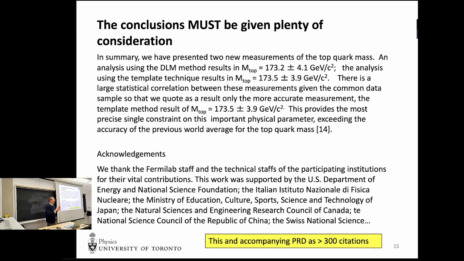So instead of attempting to understand what the correlation is and put the two measurements together into one, we simply took the most precise one as the measurement we're going to quote, and treated the second one as an auxiliary measurement that reinforces the idea that you've done the right thing. Okay, and this provides the most precise single constraint on this parameter, exceeding the accuracy of the previous world average. Okay. So again, it's attempting to put the measurement into context.